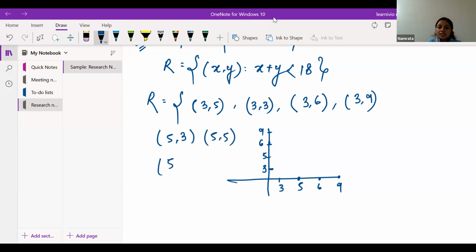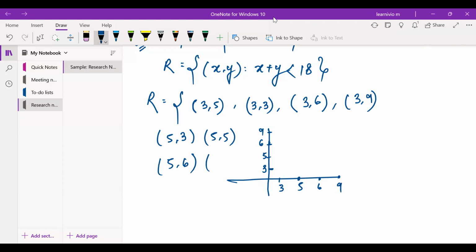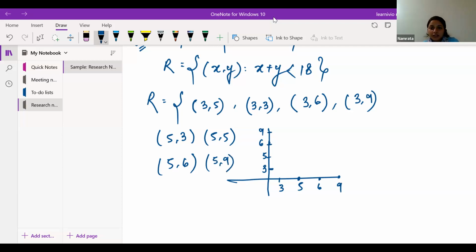We can take 5 with 6. Then can we take 5 with 9? Yes. 5 plus 9 is 14, and that is less than 18. Still it's less than 18.